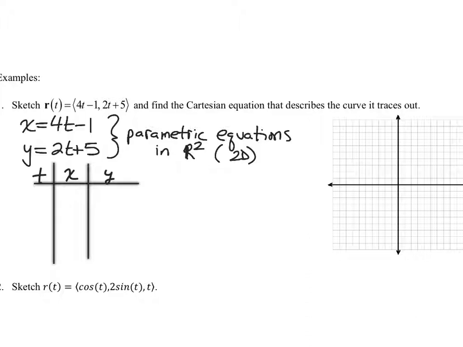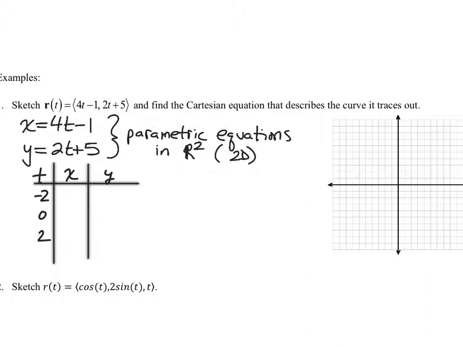Well, in order to be 0, t has to be a quarter. So I don't think t needs to be very extreme. I can keep t pretty low, around 0, maybe like -3, -2. Maybe I'll just do -2, then I'll do a 0, and I'll do a +2.